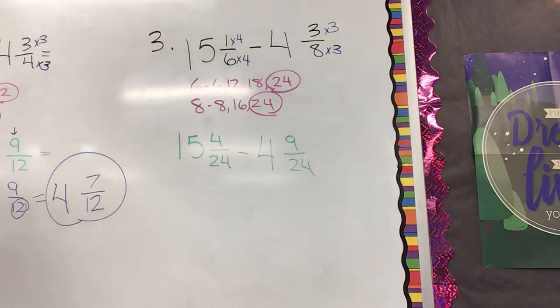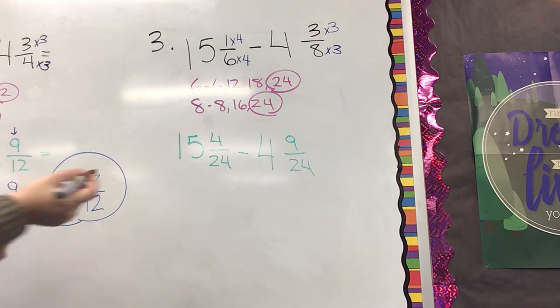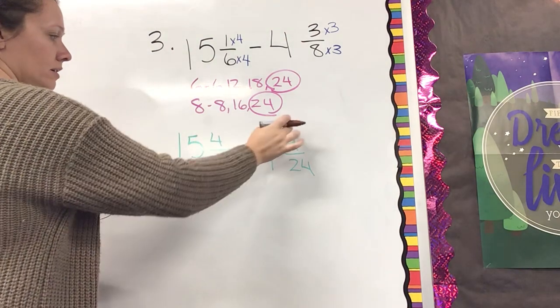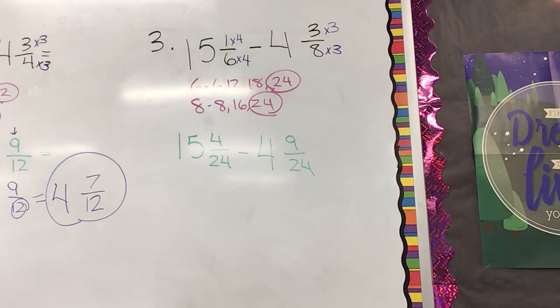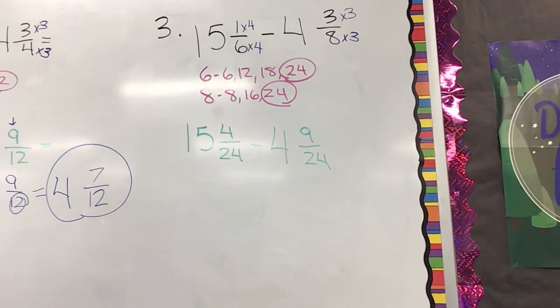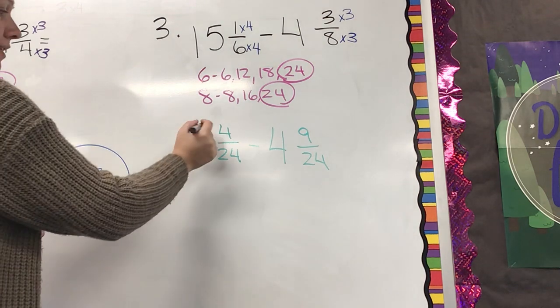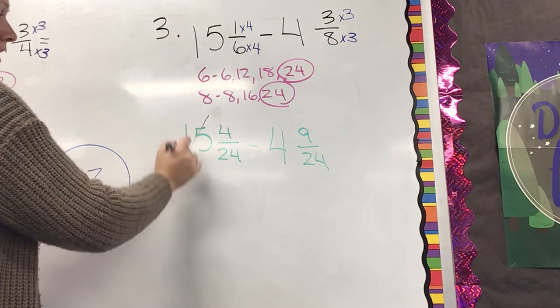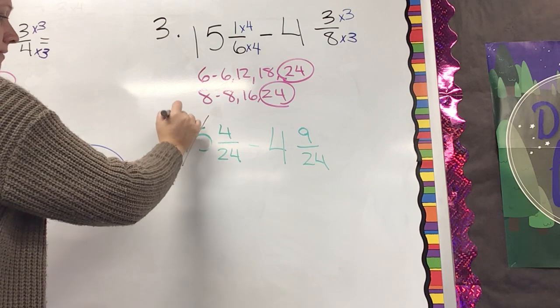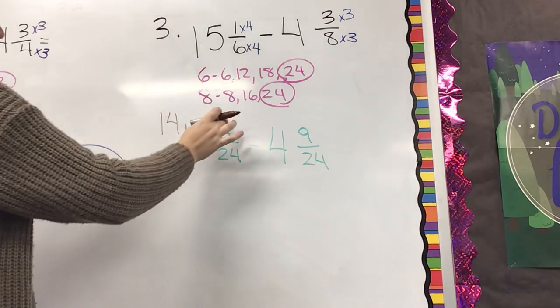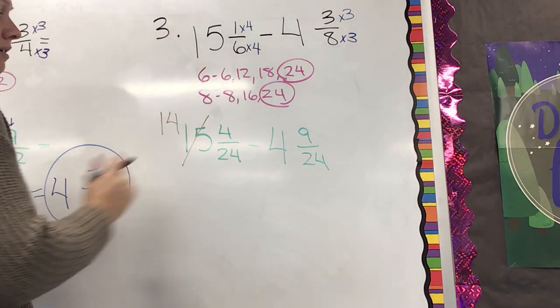All right, but just like our previous one, if you take a look first at those numerators, I'm going to have here 4 minus 9. Can I do 4 minus 9? No. So I need to borrow. So I'm going to borrow over here from my 15. My 15 is going to become a 14. And how many do I get to borrow now for this 4?